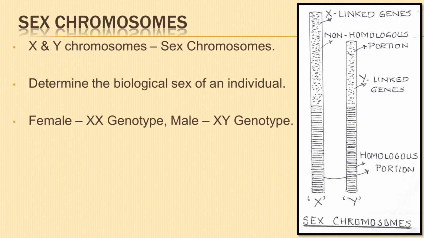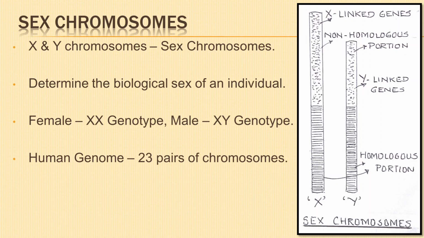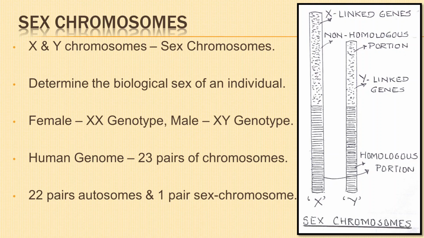Males inherit a Y chromosome from the father for an XY genotype. The human genome is organized into 23 pairs of chromosomes, 22 pairs of autosomes and 1 pair of sex chromosomes.